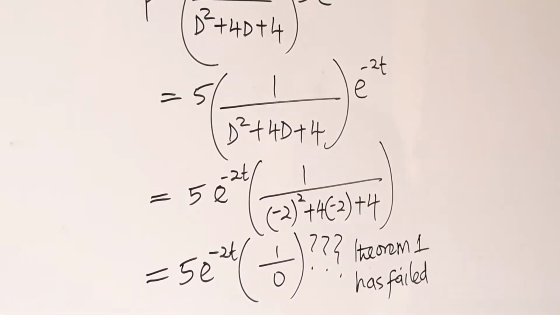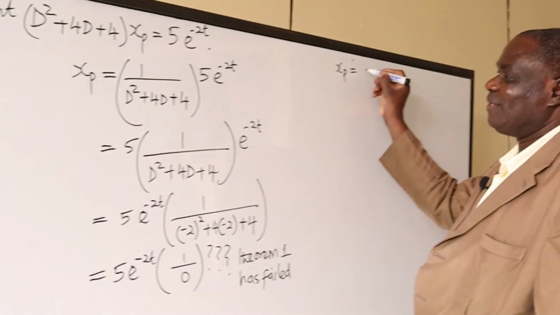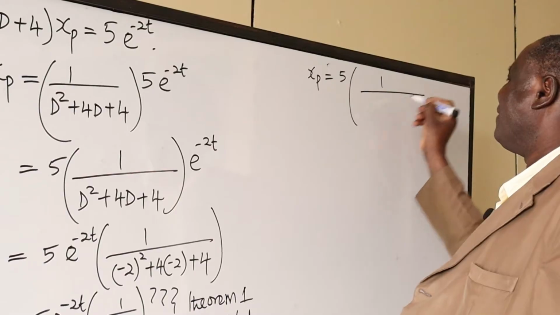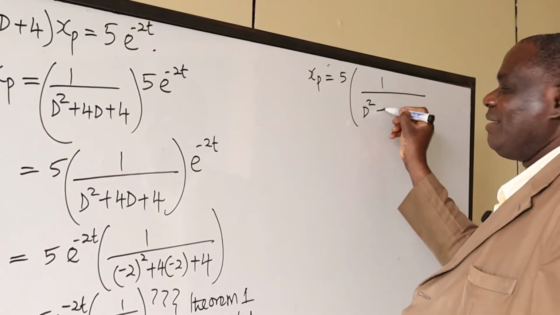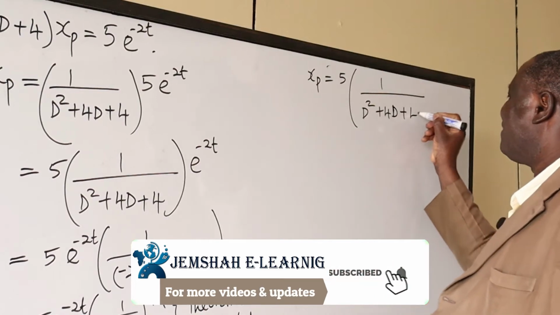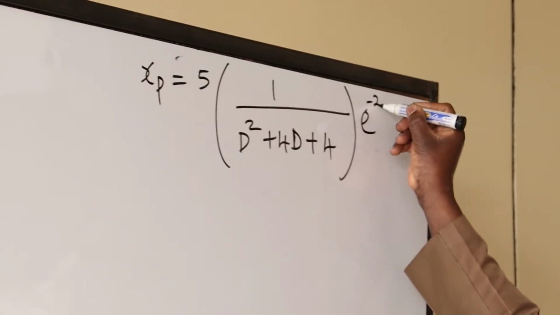So we go back and pick it where we had xp is equal to 5 into 1 all over d squared plus 4d plus 4, the whole of this acting on exponential negative 2t.